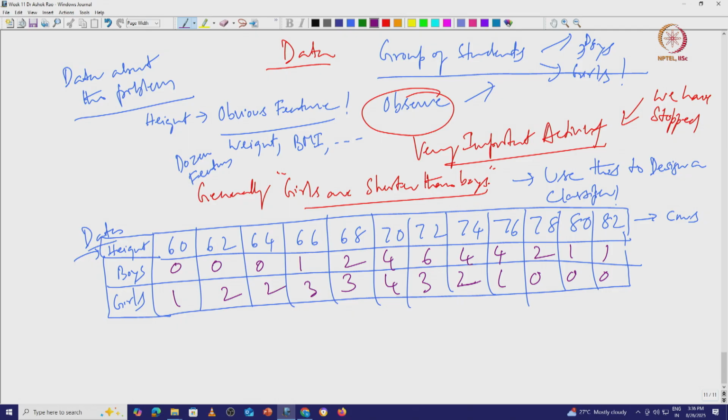This also reinforces our observation that on average, generally speaking, boys are taller than girls. So, what I want to find is a way to separate girls from boys.